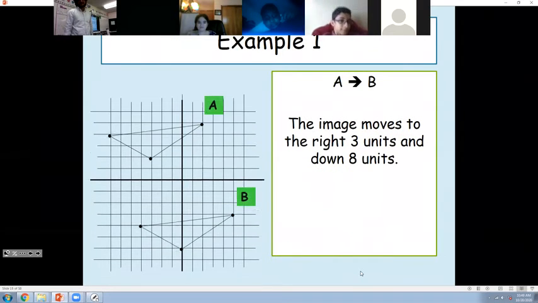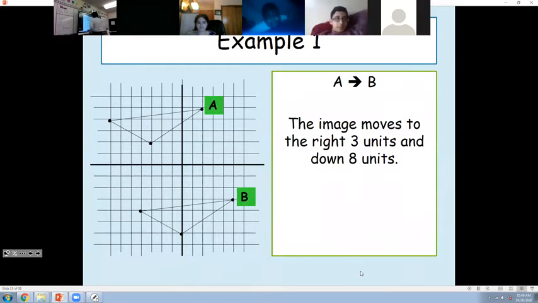So, how about this one, ladies and gentlemen? Look here now. I just have triangle A and triangle B. It is moved. We are sliding this triangle to the right first, then we will slide down. All right? But how many units? Let me check. This coordinate is corresponding to this one, right?